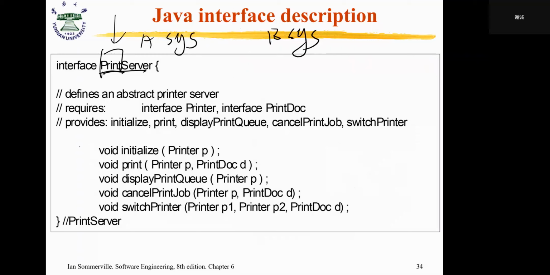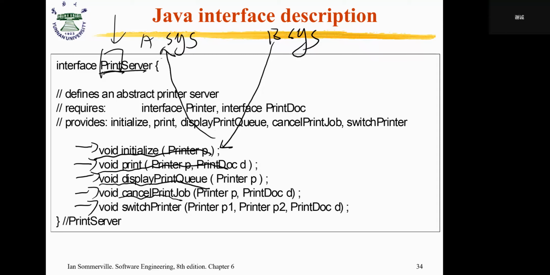It will invoke different methods here. You see, different methods. First, you need to initialize. Then you can do the print. And you can also display the print queue. And when you do not need to print, you can cancel the print job. The B system can invoke the interface from A system.